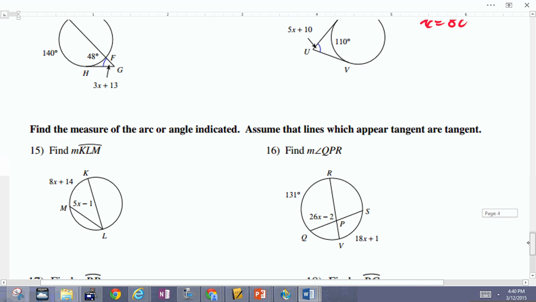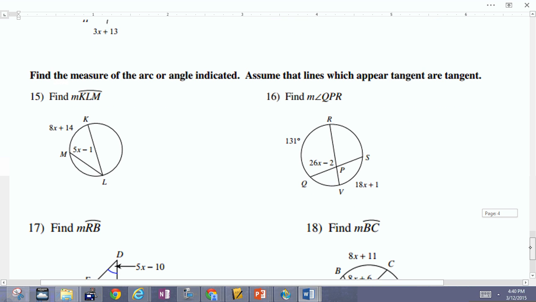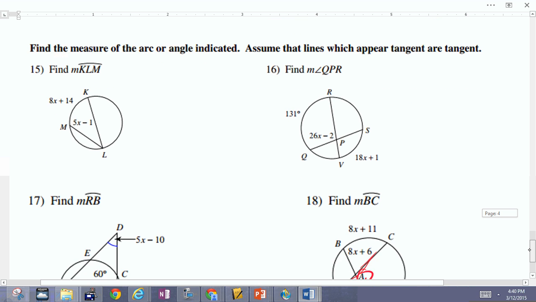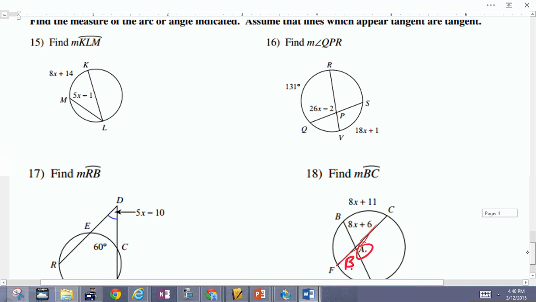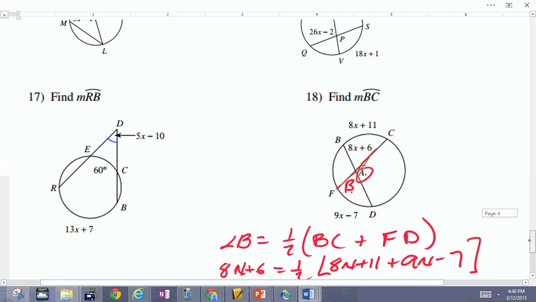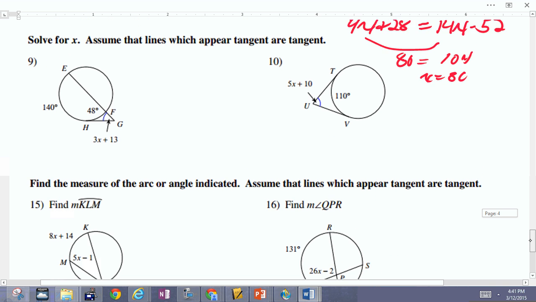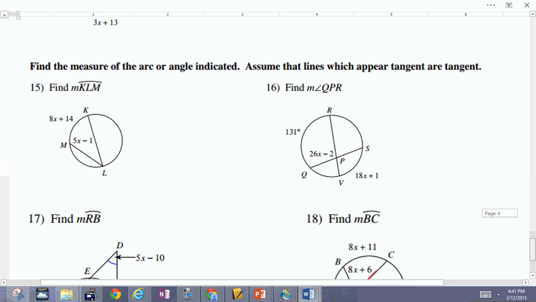Okay, a couple down here maybe. We haven't looked at these. Okay, here again we have an interior angle. The interior angles are always vertical. Okay, so we're asked to find P, but P is 26x minus 2.